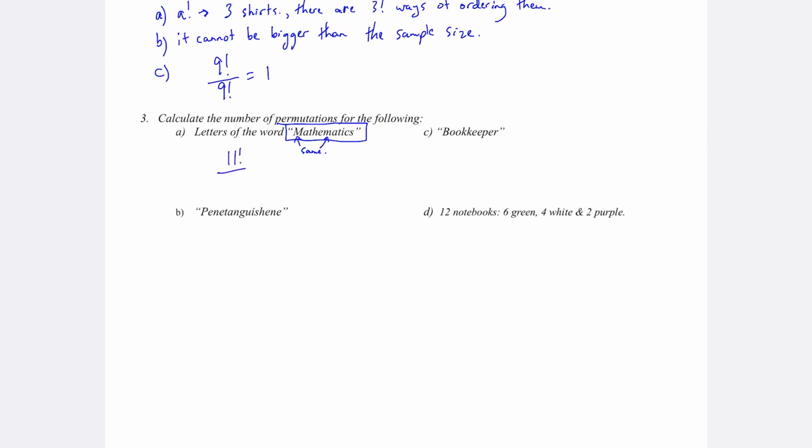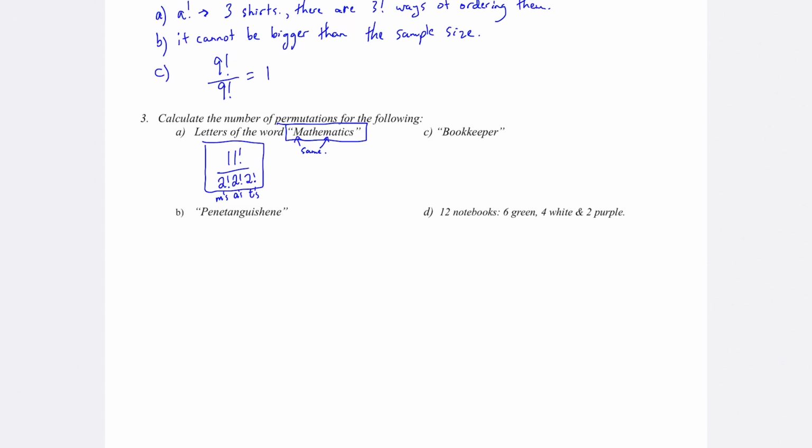There are 11 letters. And then we divide by the number of non-unique items. So there are 2 M's, there are 2 A's, and there are 2 T's. And that's it. So the answer is 11 factorial over 2 factorial, 2 factorial, 2 factorial.